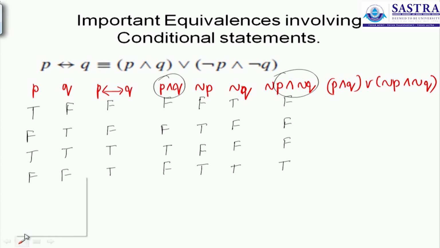So they are false only when both are false, and both of them are false in rows 1 and 2, and in rows number 3 and 4 at least one of them is true, and therefore they return a true value. Now look at column 4 and column 8, they are 100% match, and hence they are equivalent.